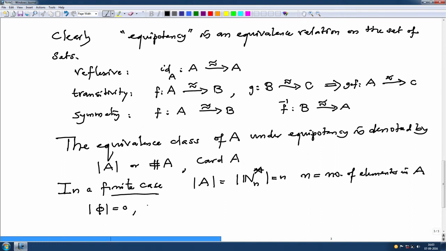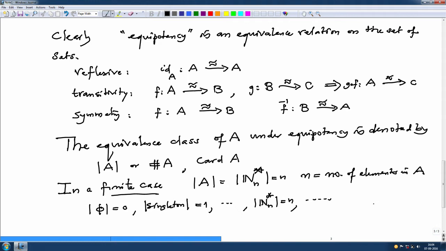For singletons, all singletons will fall in the same equivalence class, and this is 1, and so on. All the sets which have precisely n elements will fall in one class, and that class is n.